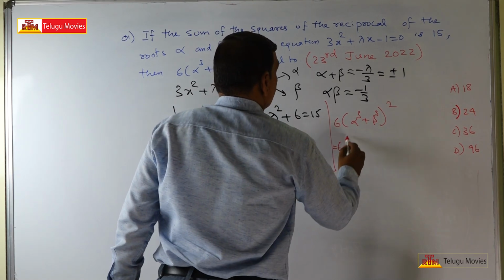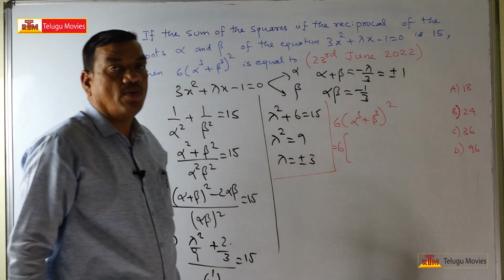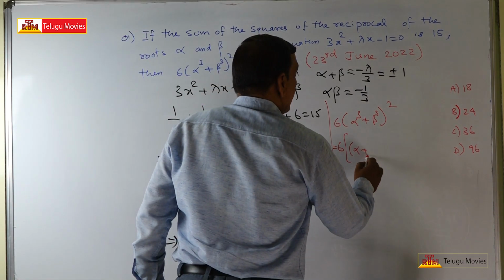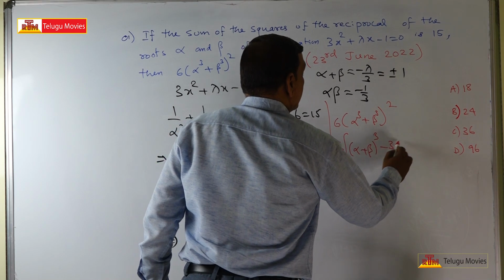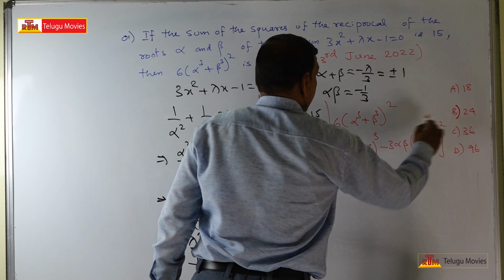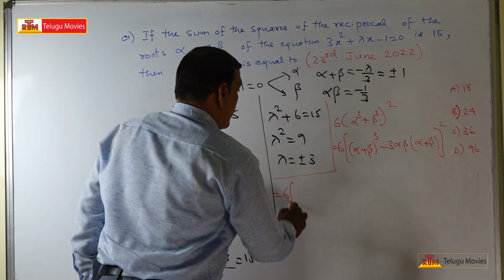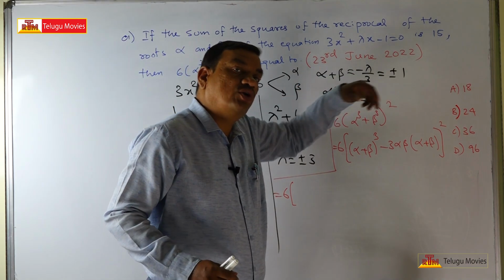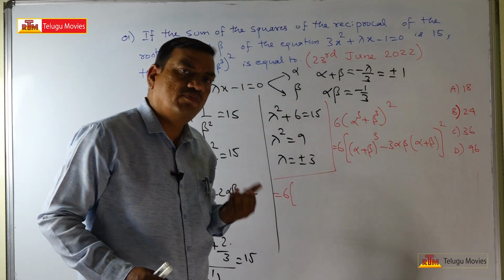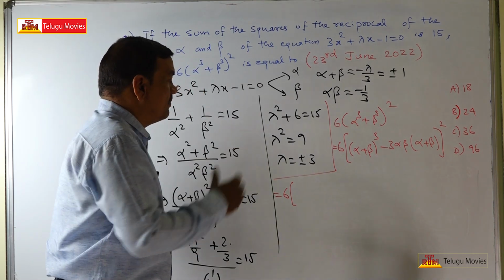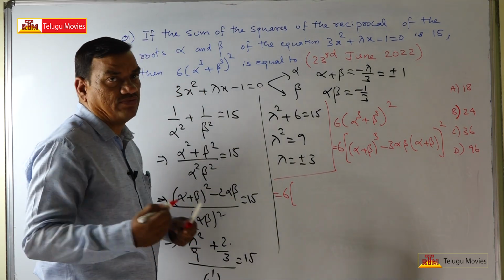This is equal to 6 times the a³ + b³ formula. The formula for a³ + b³ is (a + b)³ − 3ab(a + b). Here the α + β value you can write as +1 or −1; for both you will get the same answer, so I will substitute +1.